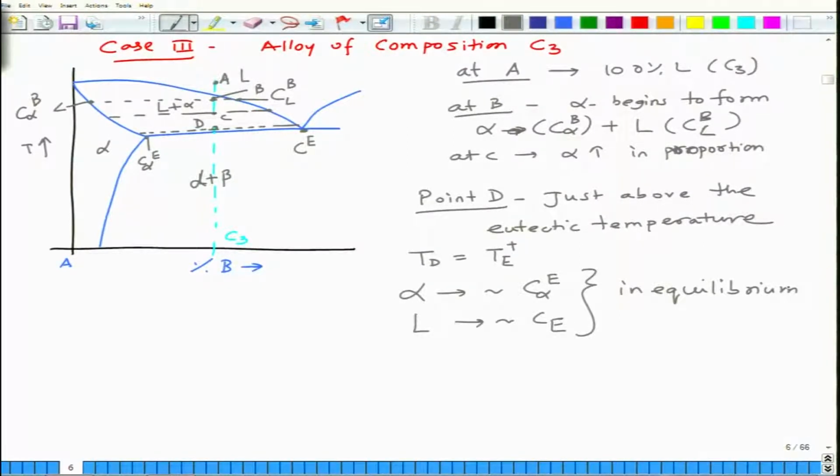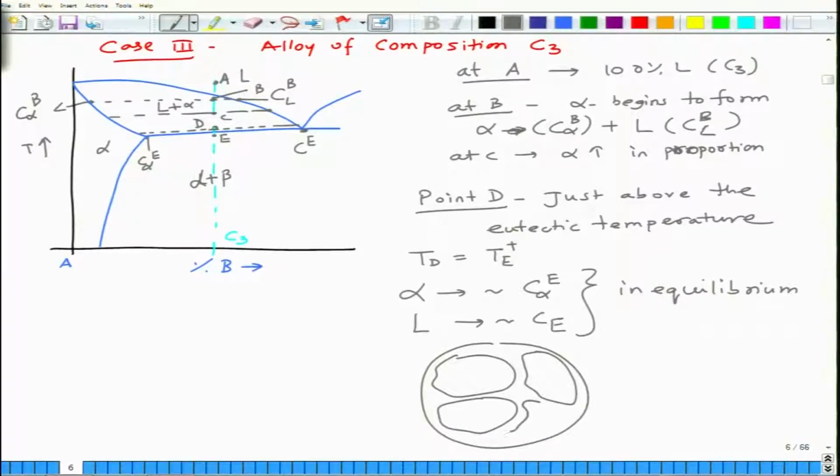And the moment you go below this point, the moment you go to point E, basically what you will have at this point is alpha.